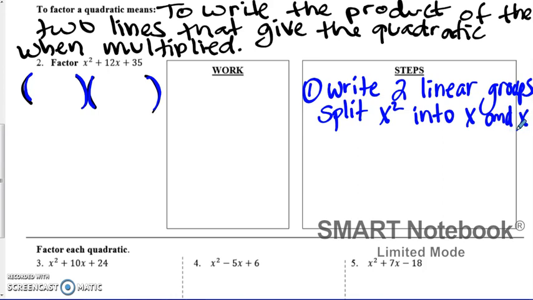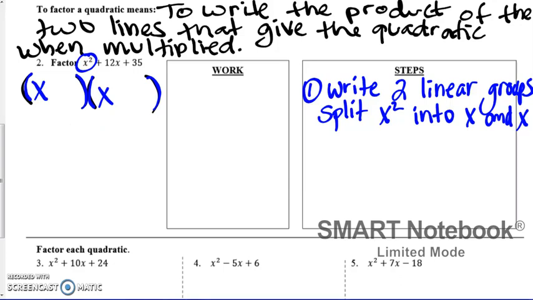In other words, we're going to take this x squared term, and that gets broken up into x and x for each linear term. Right? In order to get x squared, we would have to multiply x times x. So it should make sense that we're breaking x squared up into x and x.